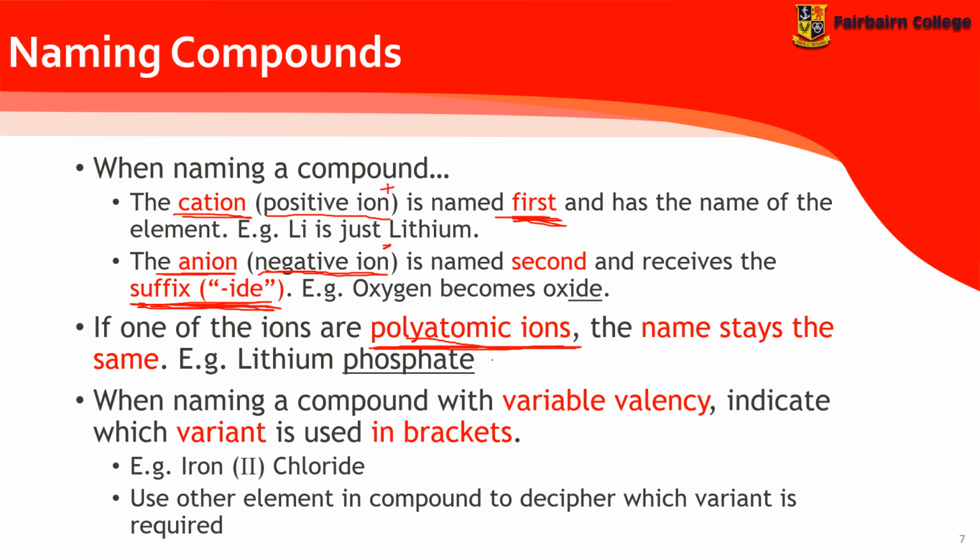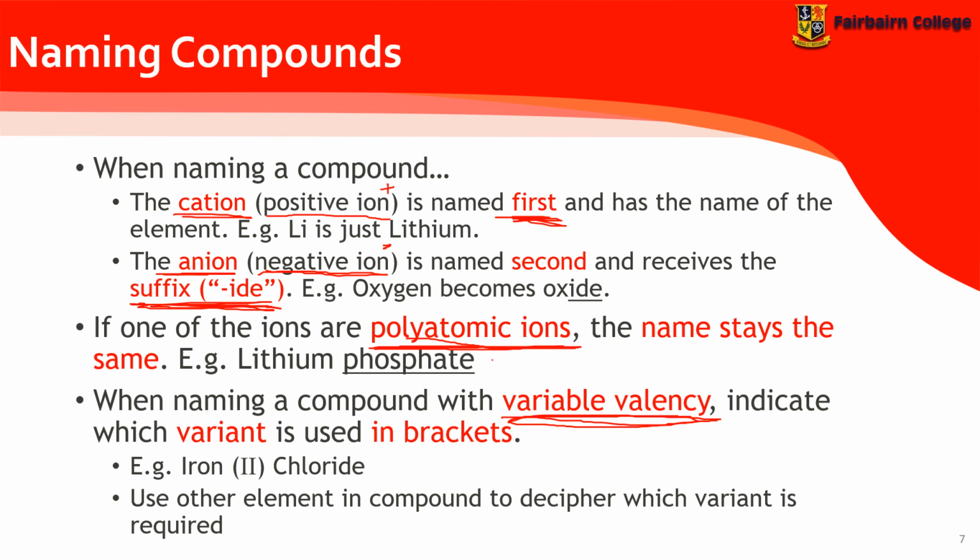And if we are working with an element with a variable valency, like iron or copper, then we must indicate the variant that we are using in brackets, because the person who reads the compound needs to know what combination, iron and chloride or iron and chlorine, bound together.